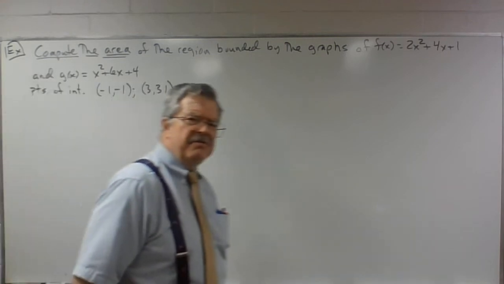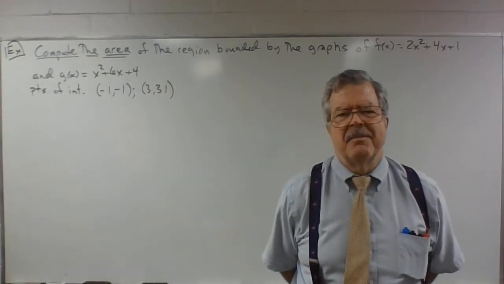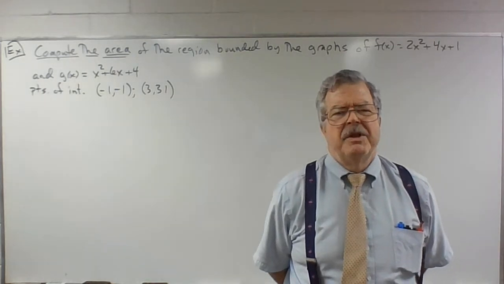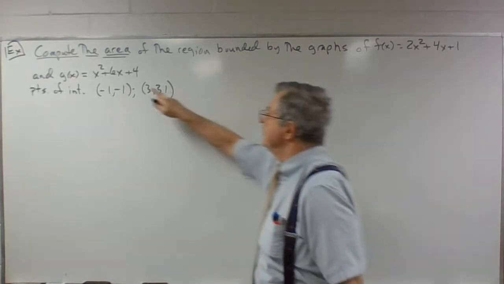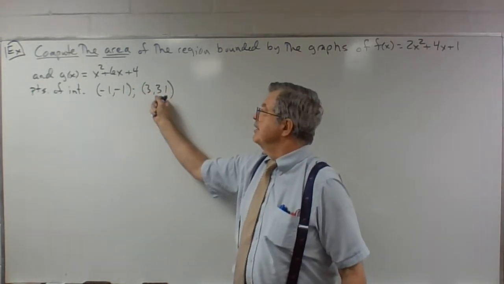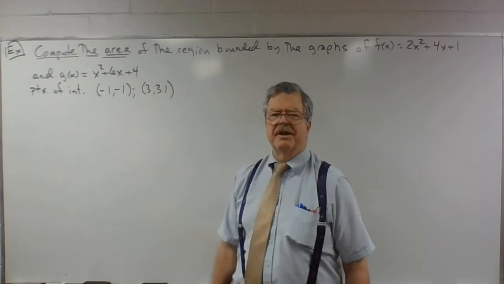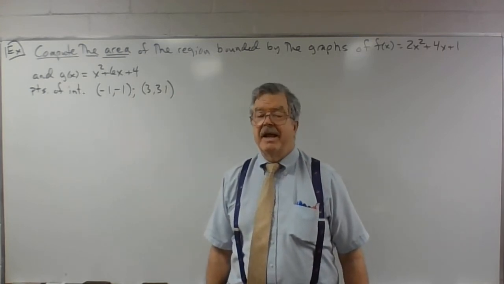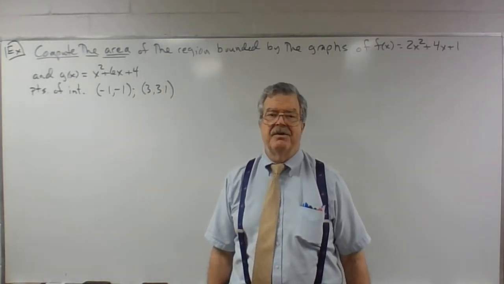I guess really to find out what graph is on top and what graph is on the bottom, we just need to know the coordinates of these two functions at some point in between negative 1 and x equal 3. And I guess the no-brainer is to find out what they're equal to for x equals 0.